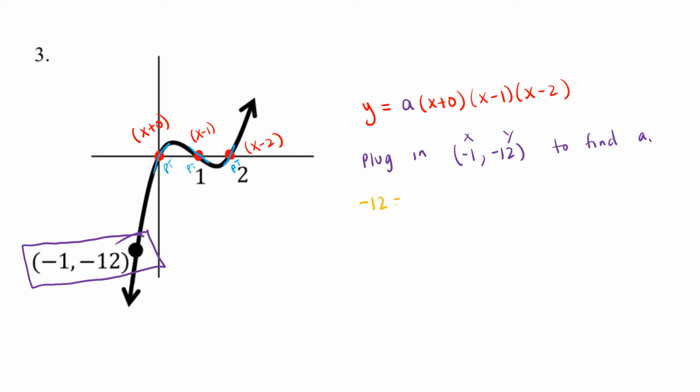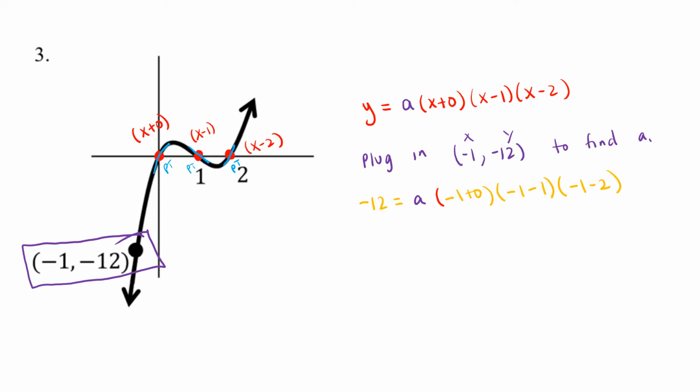Negative 12 equals, I'm going to keep that a in purple. Then we're going to go this, negative 1 plus 0, negative 1 minus 1, negative 1 minus 2. Right?